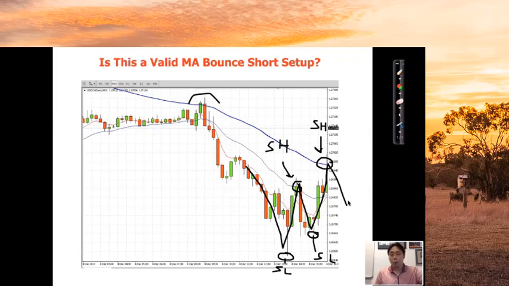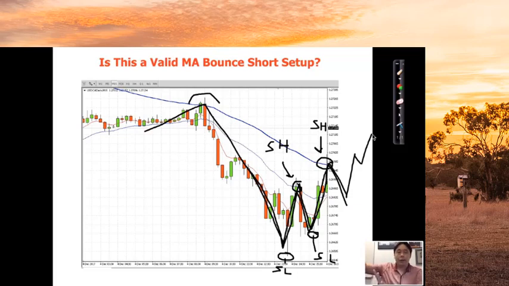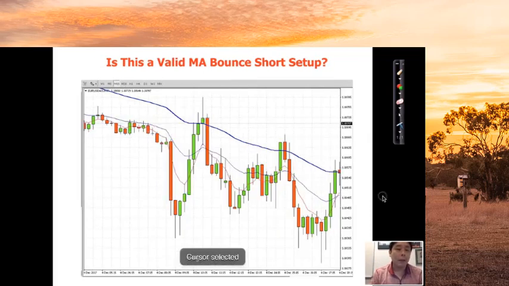It should make lower highs and lower lows. In this case, this high is higher than this high. This low is higher than this low. So it tells you that this downtrend wave could in fact be going higher, right? So it is not a clear downtrend, it is an invalid trade. You have to ensure you understand this concept. It's really important.